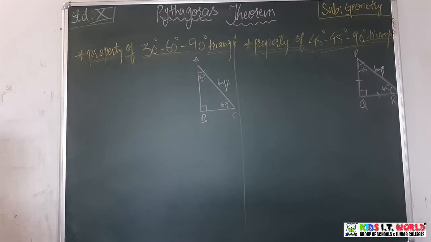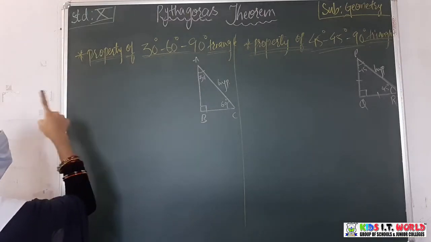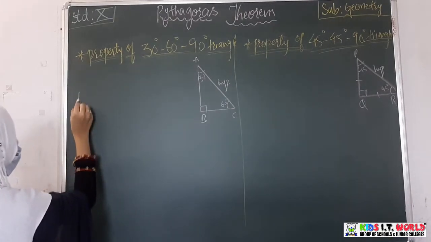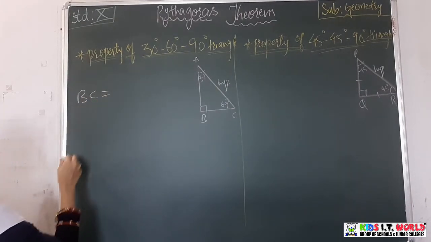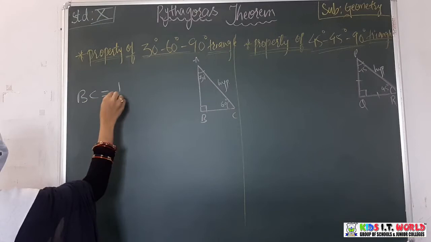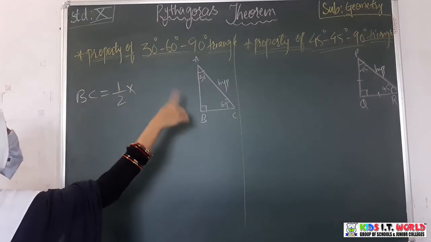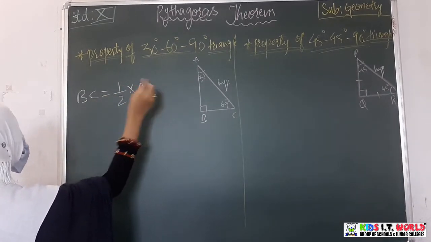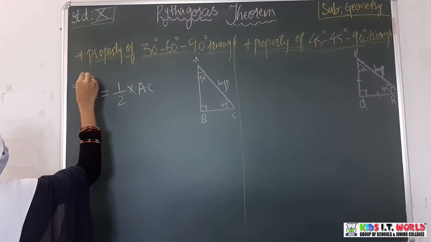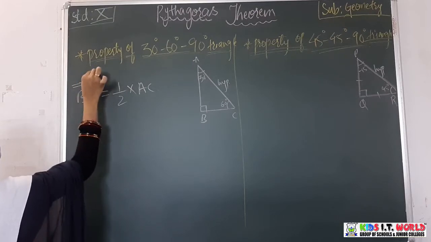The theorem states that, firstly, the side opposite to the 30 degree angle of the triangle is 1 by 2 times the hypotenuse. The side opposite to 30 degrees, that is BC, is equal to 1 by 2 times, meaning half, of the hypotenuse.